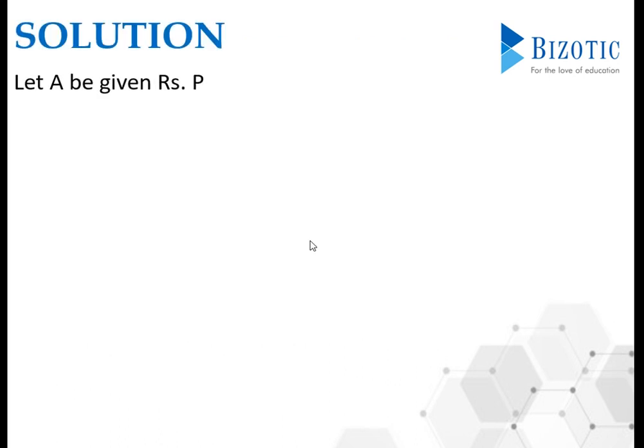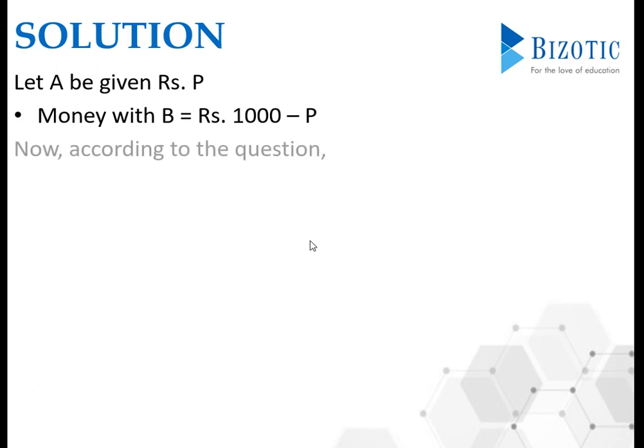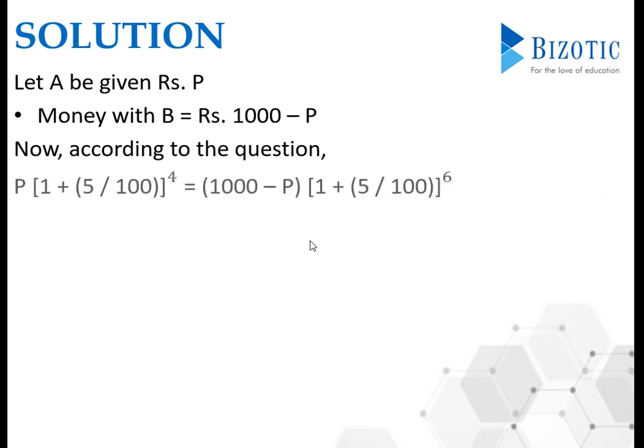So let's look into the solution part of this. Let the amount given to A be rupees P. Money with B is equal to 1000 minus P, very obvious. After giving the money to A, the remaining money will be 1000 minus P. Now according to the question, A's amount in 4 years should be equal to B's amount in 6 years.